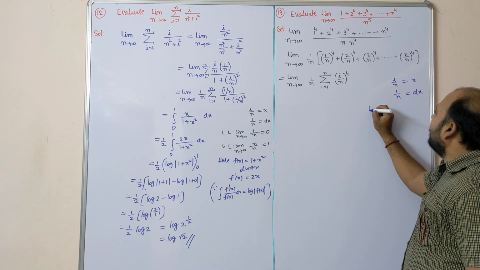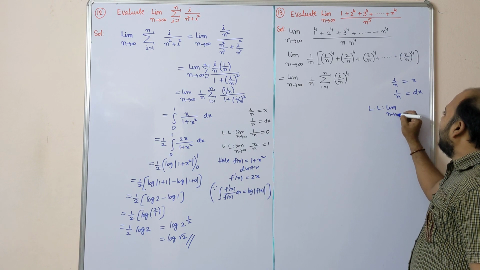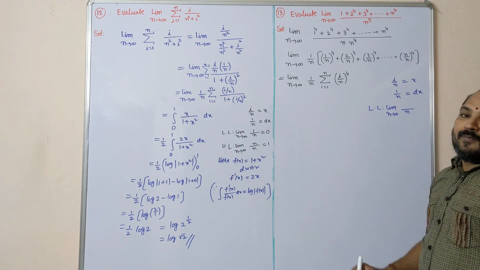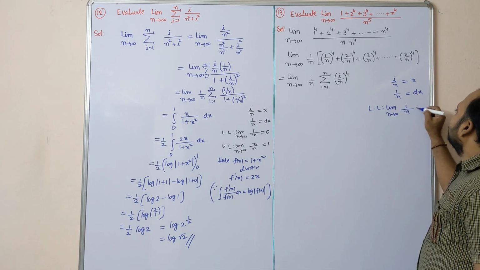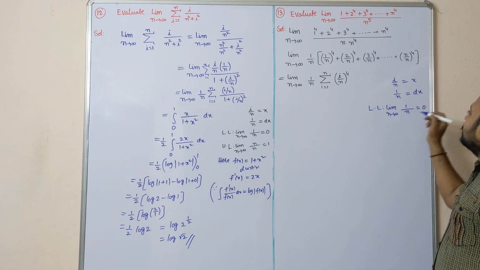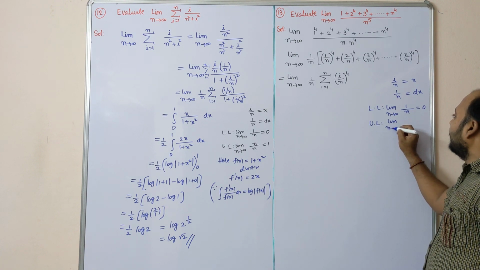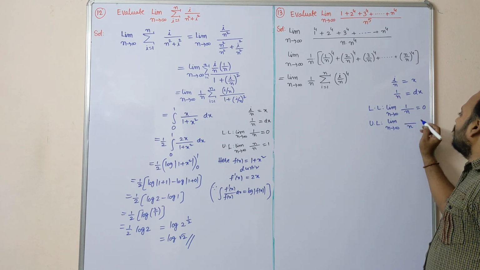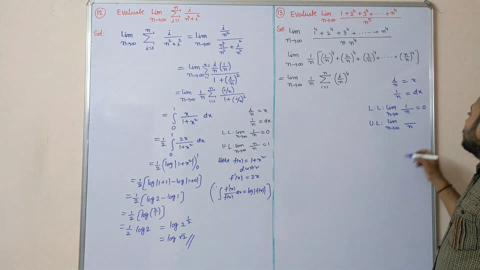So, lower limit and upper limit. Limit n tends to infinity, total number of partitions are n, initial value of I is 1. So, limit n tends to infinity, 1 by n tends to 0. Upper limit, limit n tends to infinity, total partitions n, and how many partitions are there in total?